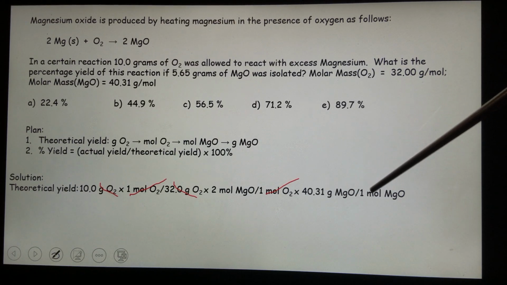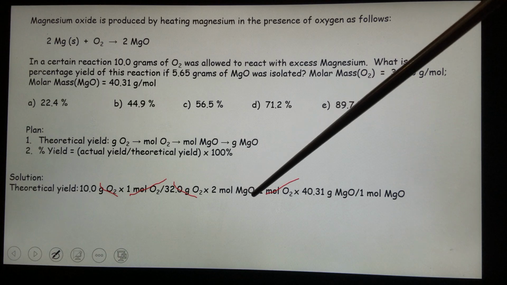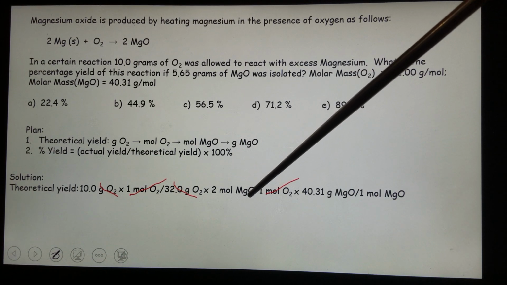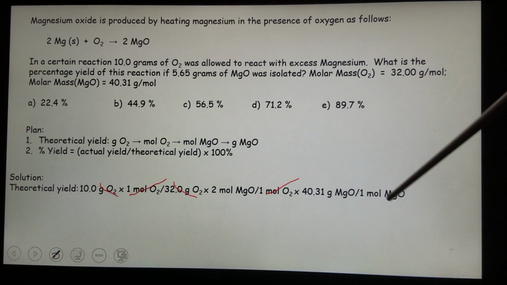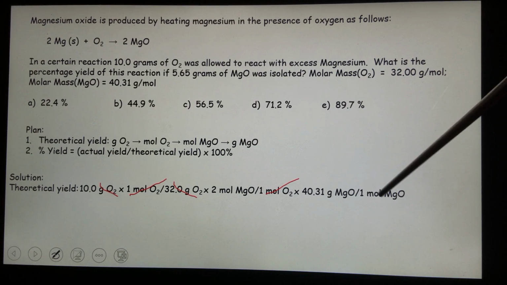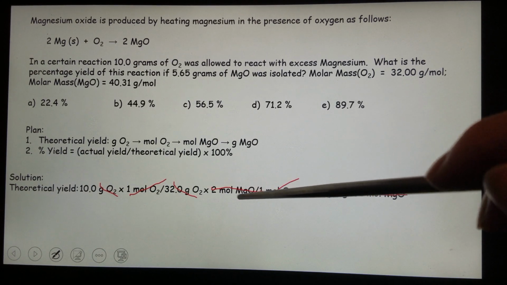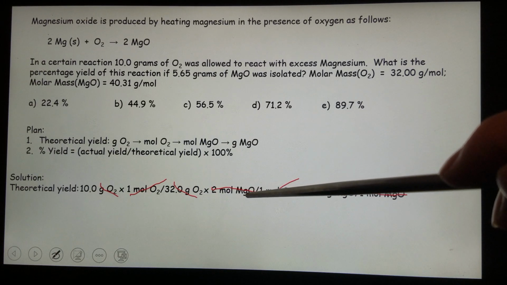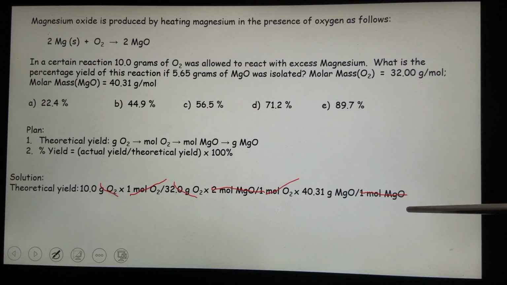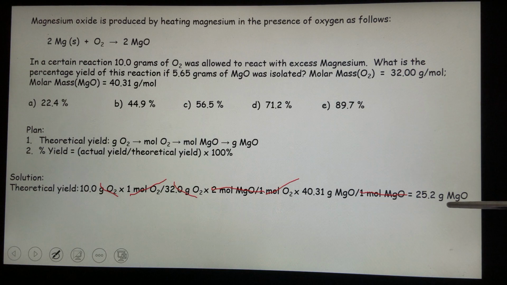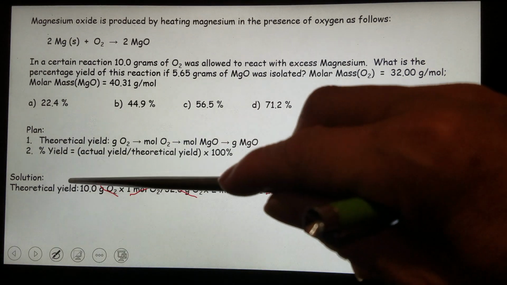This way the moles of magnesium oxide can be cancelled. The answer this time is 25.2 grams of magnesium oxide. That's the theoretical yield.